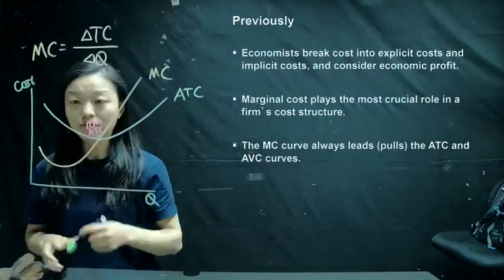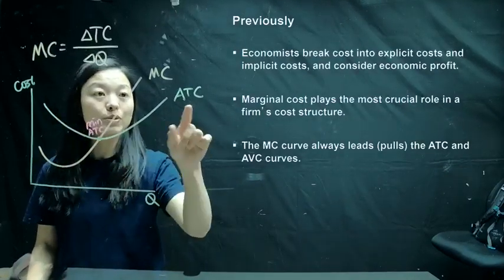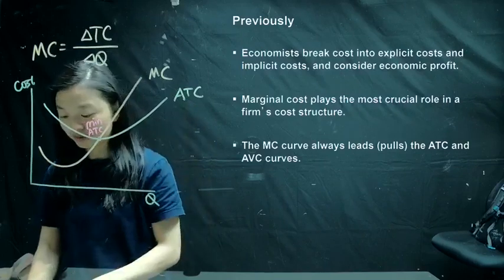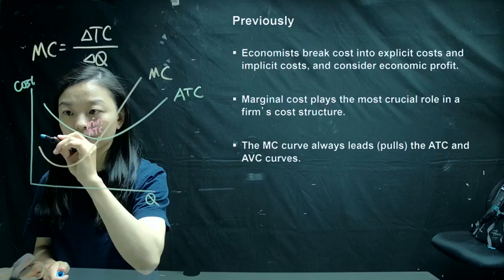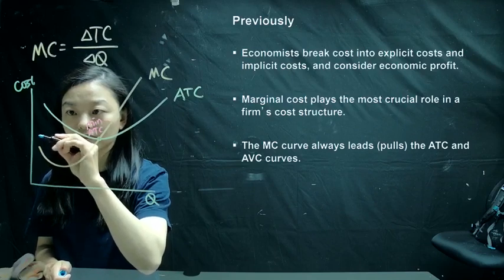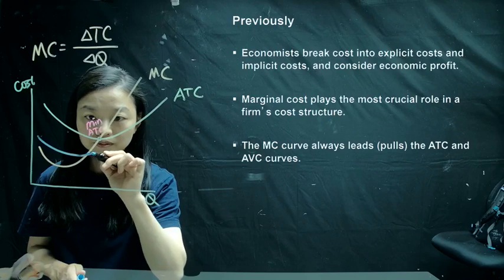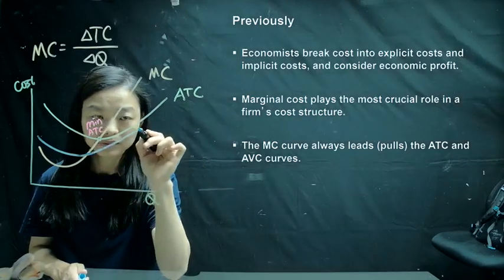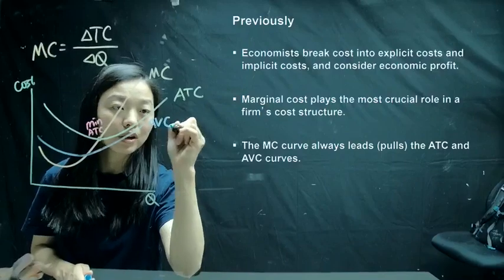And based on this, we can draw an average variable cost curve. The average variable cost curve is always below the average total cost curve. So that should be the average variable cost curve.